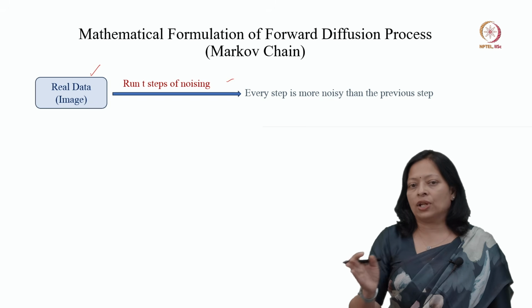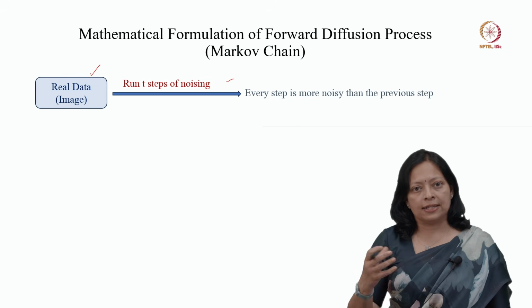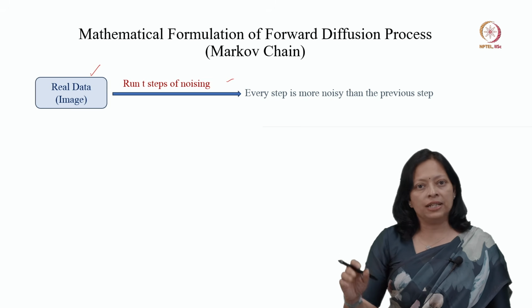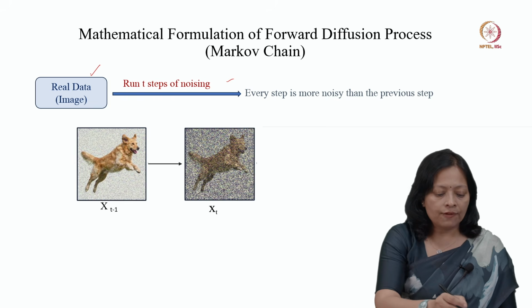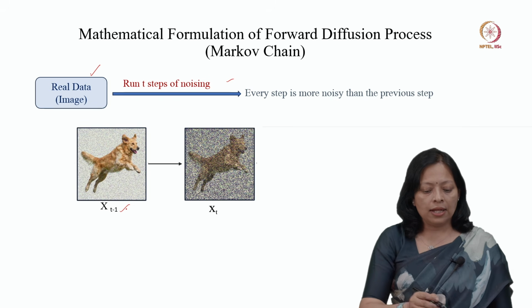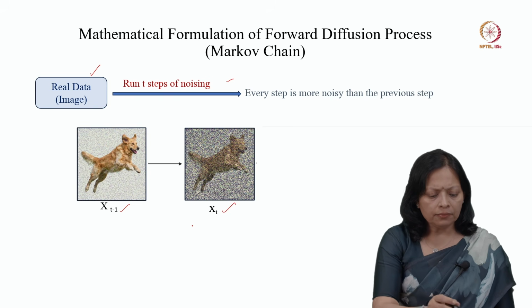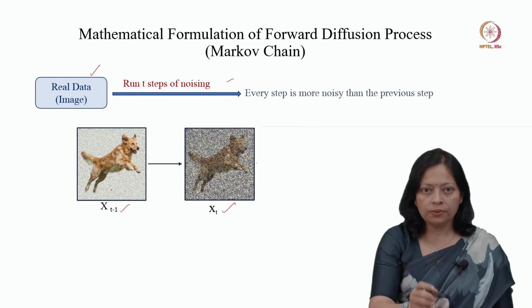So, as the time stamps progress, the amount of noise that is added to the image keeps on increasing, and finally we get a complete noisy image. Okay. So, if we have x t minus 1 as this image, x t will become this one, and this is the conversion. There is noise addition from x t minus 1 to x t.